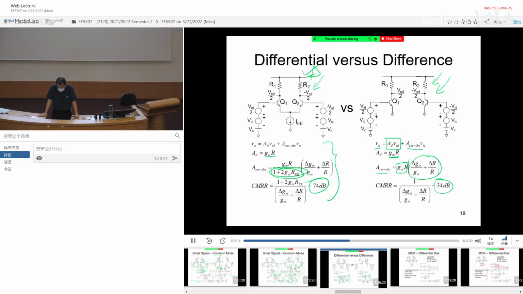This is particularly the case for VCO. Some people find that in a VCO, the tail current noise gets up-converted, becomes flicker noise, right? So that deteriorates the VCO phase noise. So nowadays, if you look at the circuit, people prefer to remove the current source. Although you end up having a difference VCO instead of a differential VCO, in terms of phase noise, performance is actually better. Okay, so there are multiple reasons.